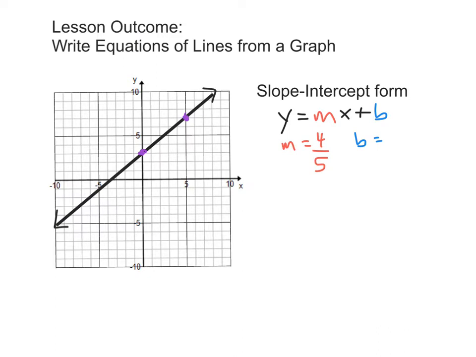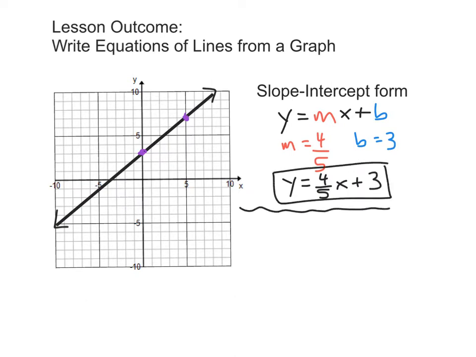My y-intercept, as we already determined, is right here, and that's where y is 3. So our y-intercept is 3. So now we can write the equation for this line, which we've actually done in slope-intercept form before. y equals 4/5 x plus 3. So that's one method that we can use to write the equation of this line.